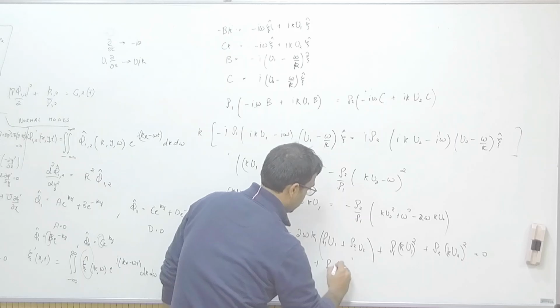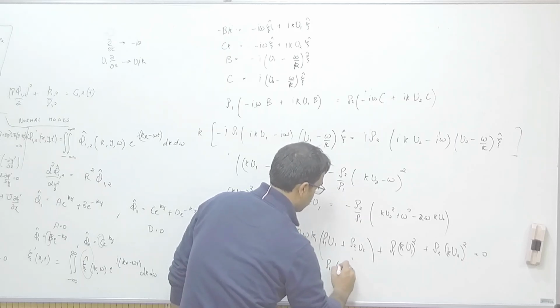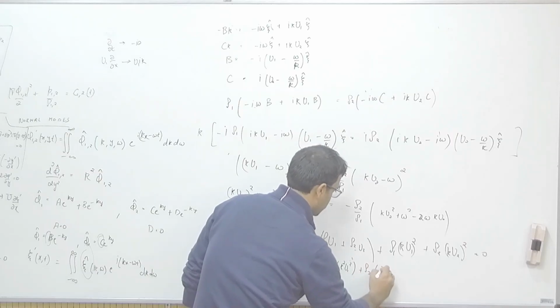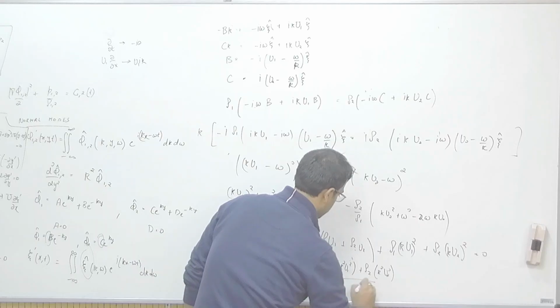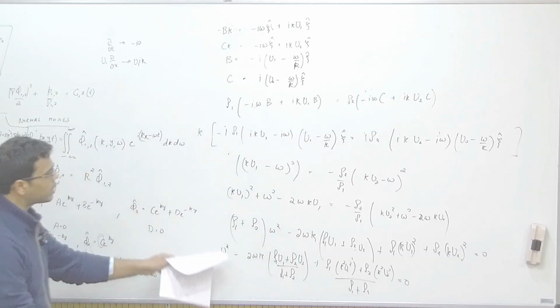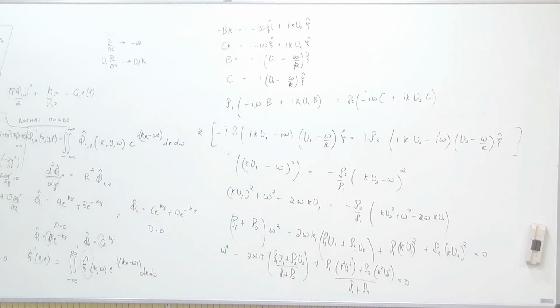Plus rho 1 k squared u1 squared plus rho 2 k squared u2 squared, divided by rho 1 plus rho 2. So this is our final equation for omega, for this case.